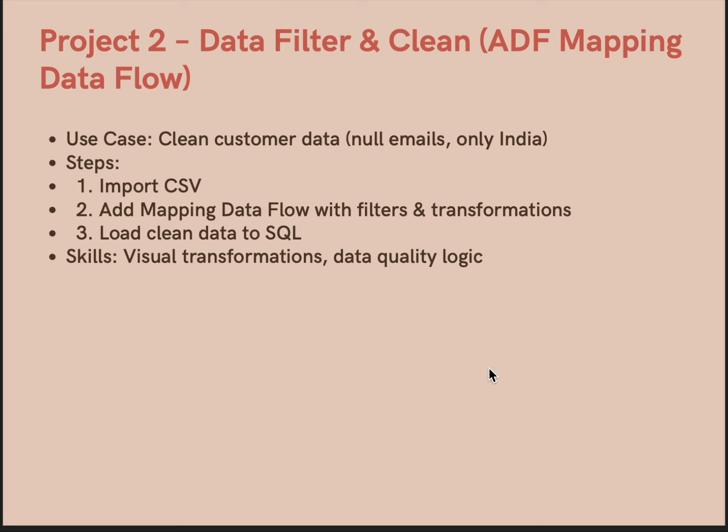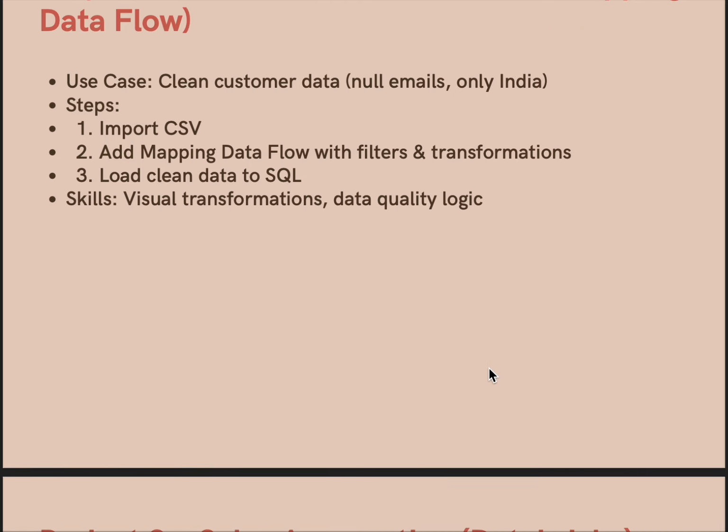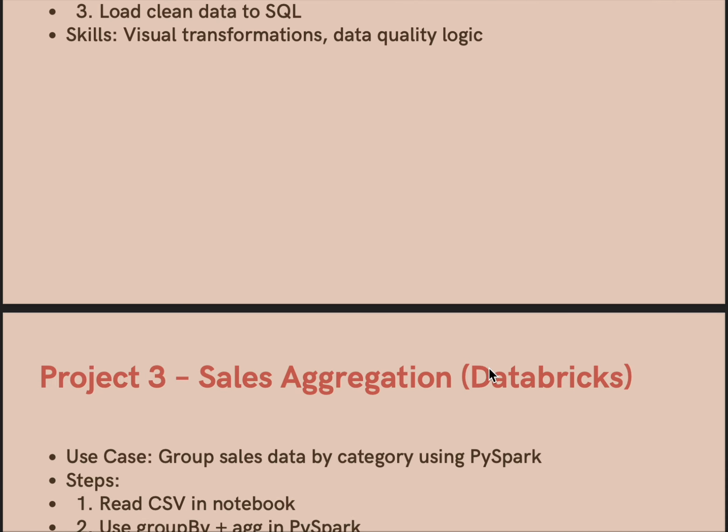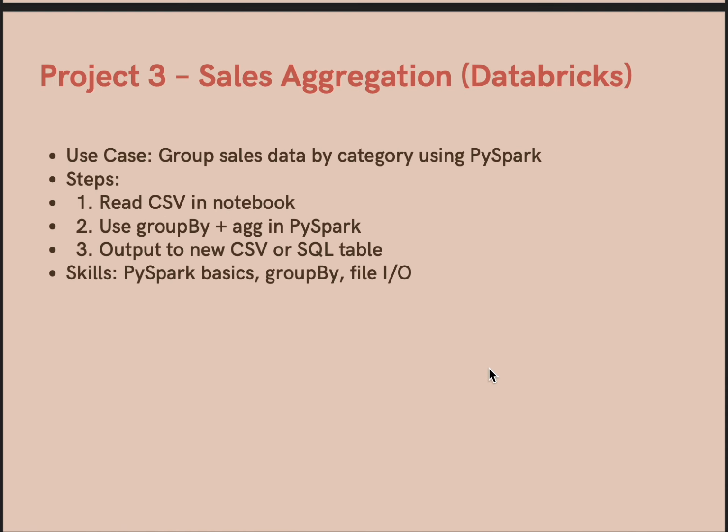Or if you want to filter only specific data, or apply any functions or clean-up rules, you can do the same in the data flow. So this is the data flow. And the next project is about Databricks.